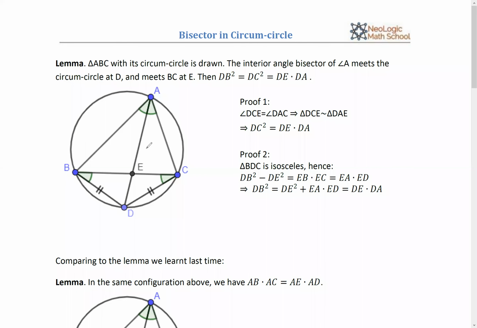A triangle ABC, angle bisector AD, and D is on the circumcircle. We discovered one thing from last time: AB times AC equals AE times AD.